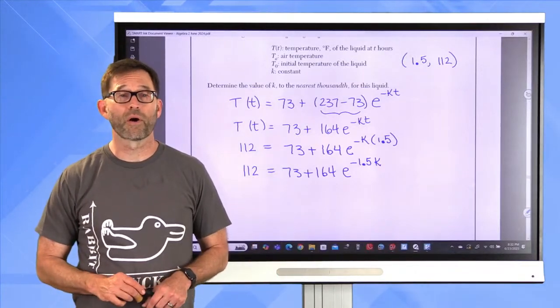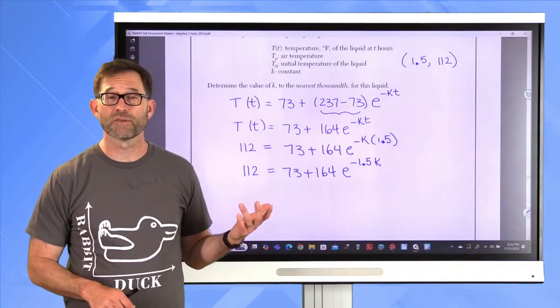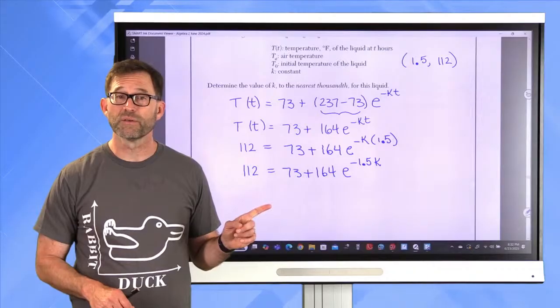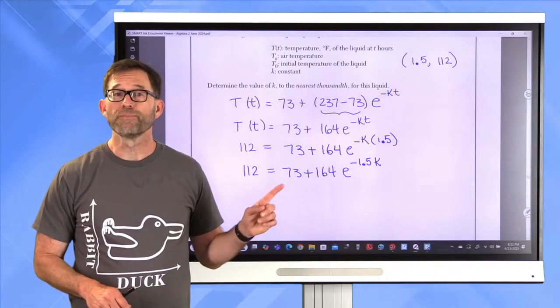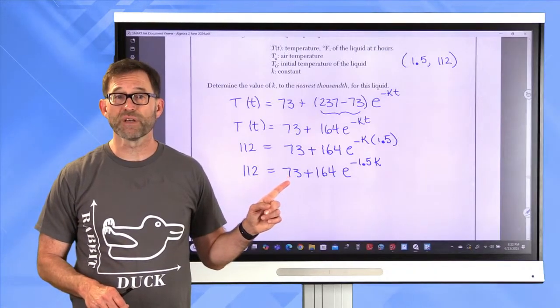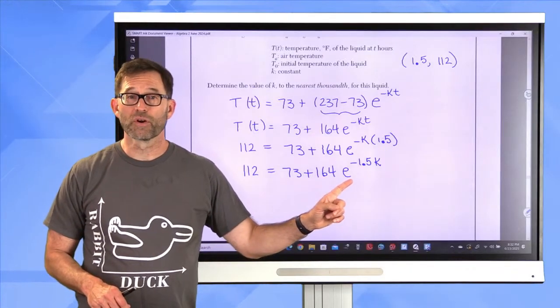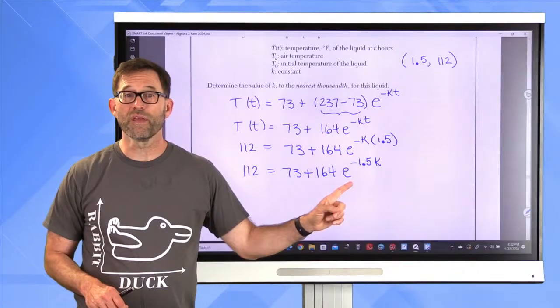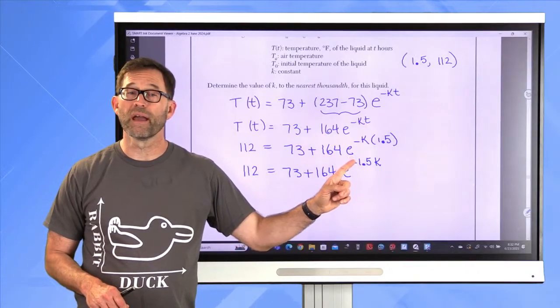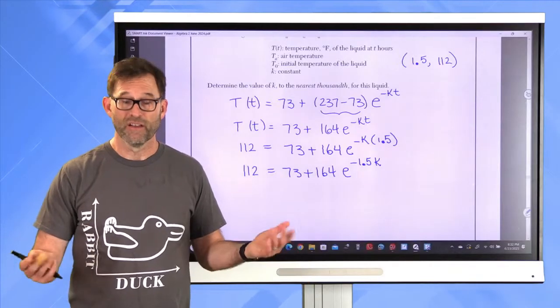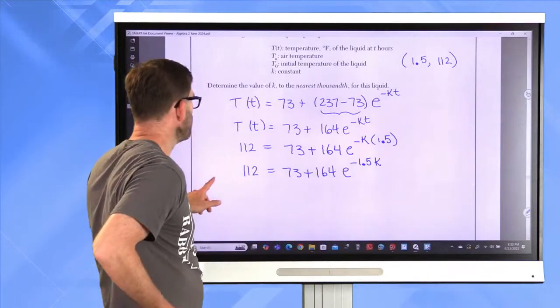Now, I don't know if you remember this, but a long time ago in a part 2 problem far, far away, we actually solved an exponential equation that wasn't too much different from this. What are we going to do? We're going to subtract 73 from both sides, divide by 164, then take the natural logarithm to get rid of the e, and then divide by negative 1.5 to get rid of that, and we're going to have k. So let's do it step by step.